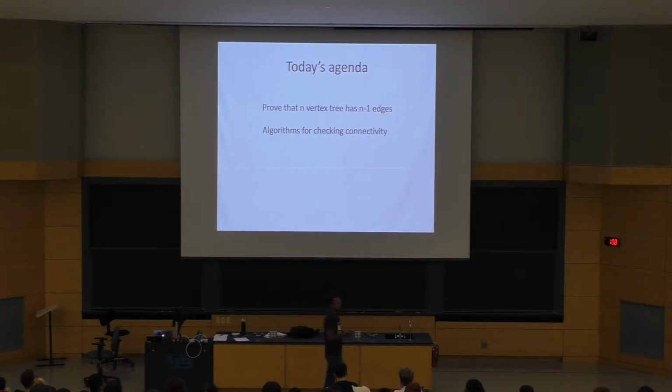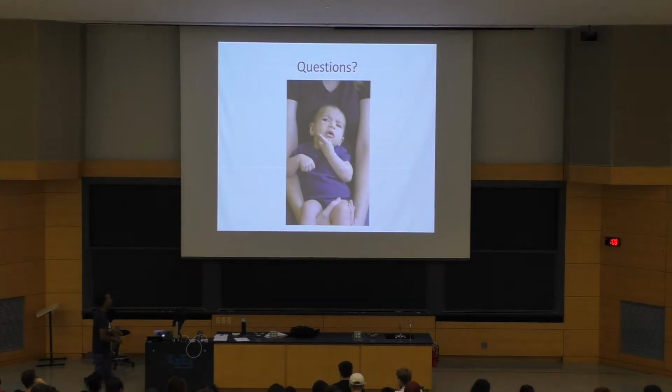So unlike the book, which does this in a couple of sentences, we'll spend some quality time going through proof idea and proof details for this. And then, depending on time, we'll get started on our first algorithmic problem on graphs, which is if I give you a graph, can you tell me whether it's connected or not? So designing algorithms for that. Questions?